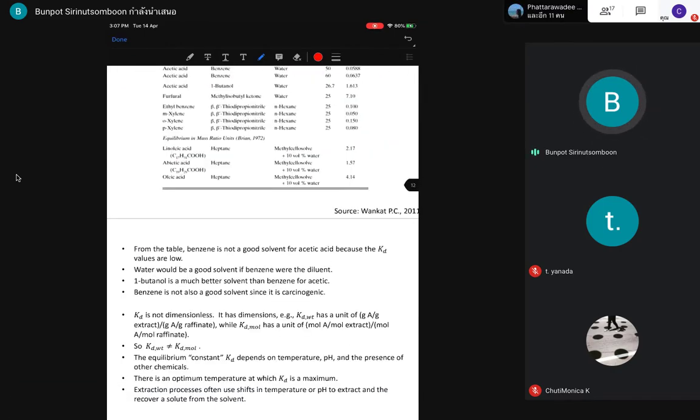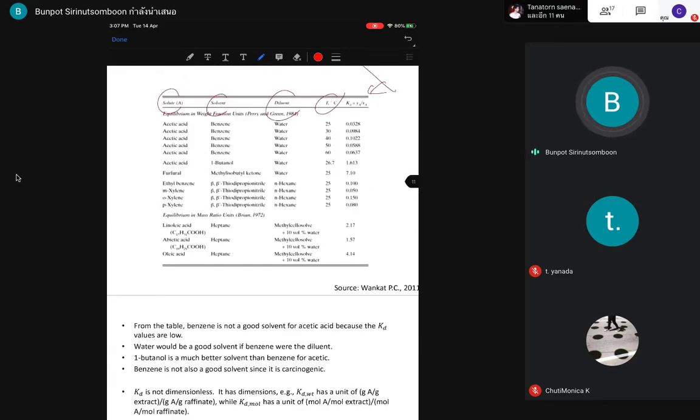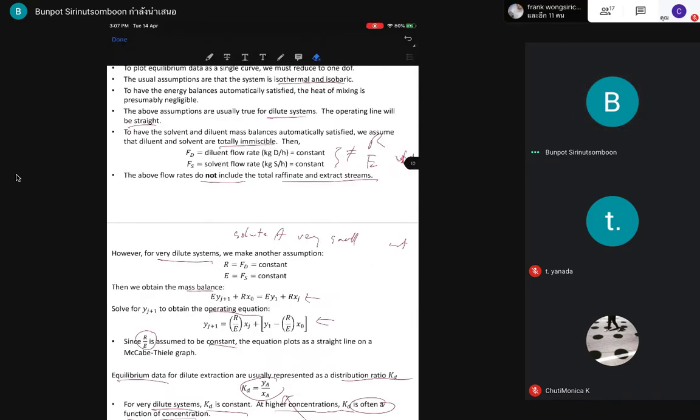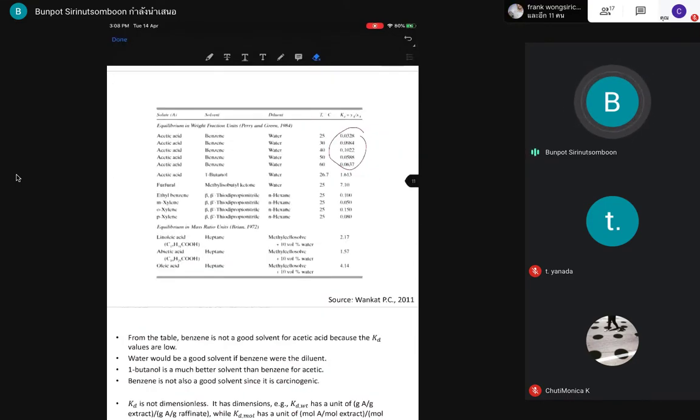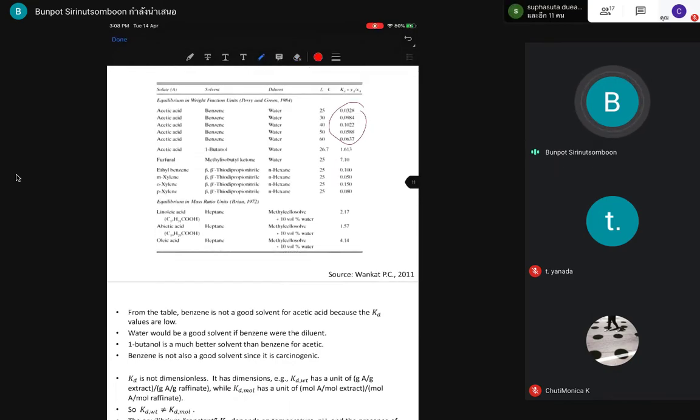And actually, from this table, it tells you something interesting. You can see that these values for benzene are quite small, right? So it means that benzene is not a good solvent for acetic acid, because these KD values are quite low.